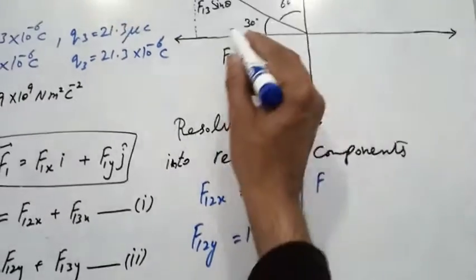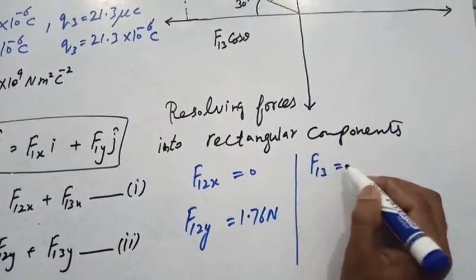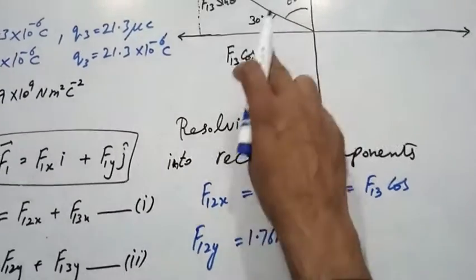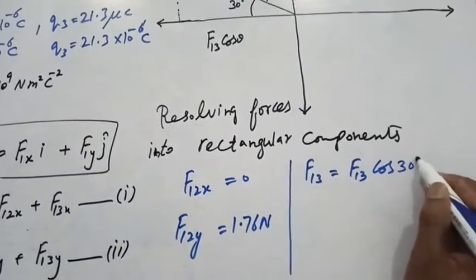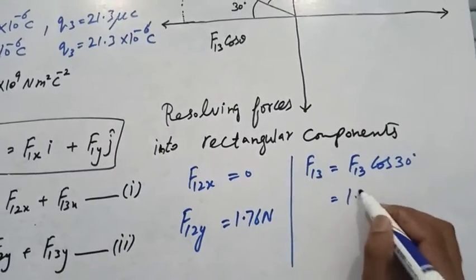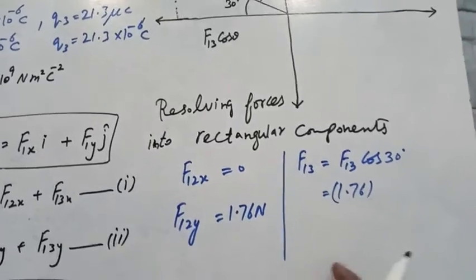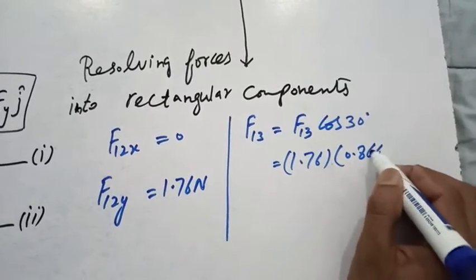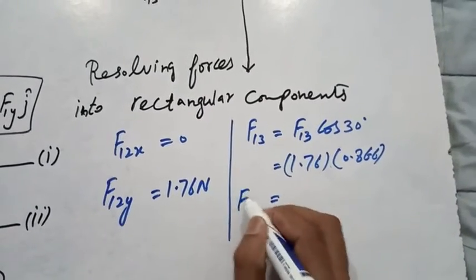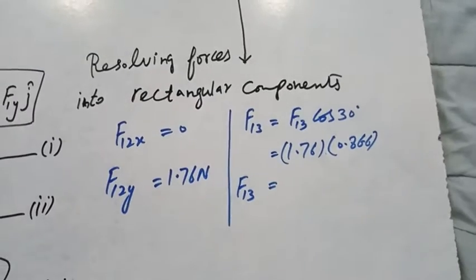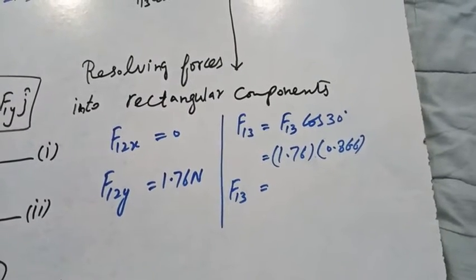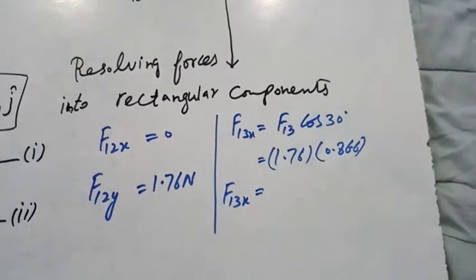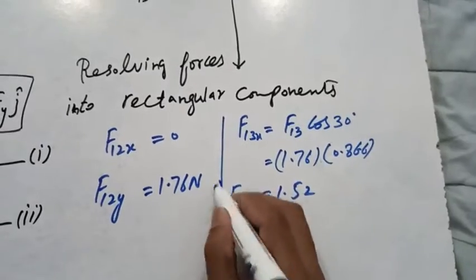Similarly, the x component of force F13 is equal to F13 cos theta, and in this case theta is equal to 30 degrees, so it becomes 1.76 times cos 30, which is 0.866. Multiplying these terms, we get the F13 x component equal to 1.52.